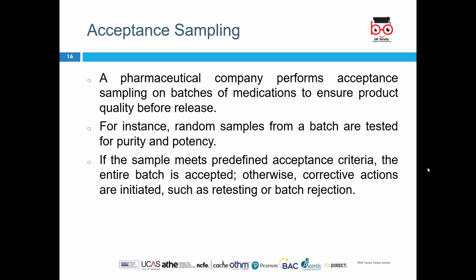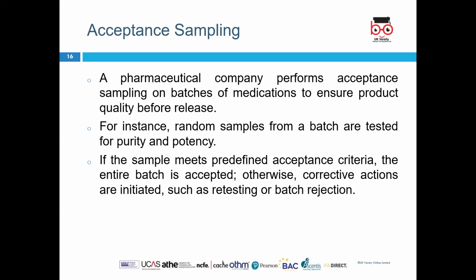Then you have acceptance sampling. The example is a pharmaceutical company that performs acceptance sampling on batches of medication to ensure product quality before release. For example, random samples from a batch are tested for purity and potency.